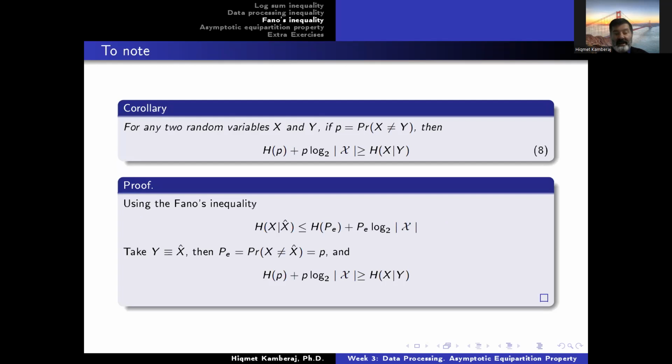The entropy of x given x hat is less than or equal to the entropy of P of E plus P of E log with base 2 of the cardinality of chi. Take y equal to x hat, then P of E is equal to the probability of x being different from x hat, which is equal to P. And H of P plus P log with base 2 of the cardinality of chi is greater than or equal to the entropy of x given y, what we wanted to show.